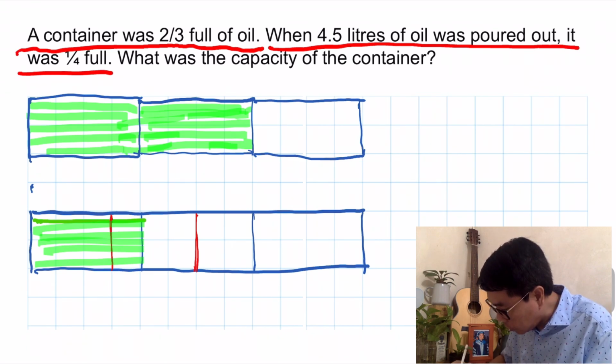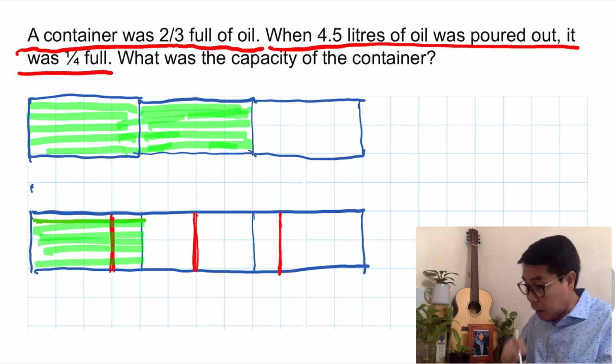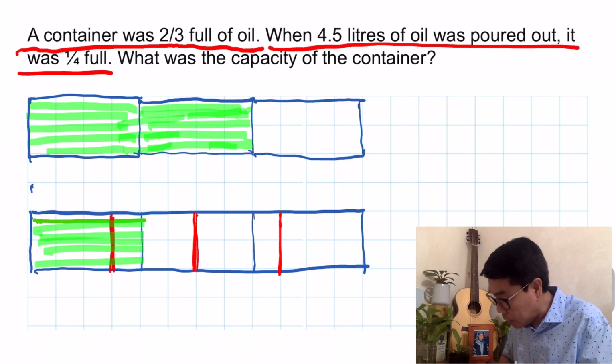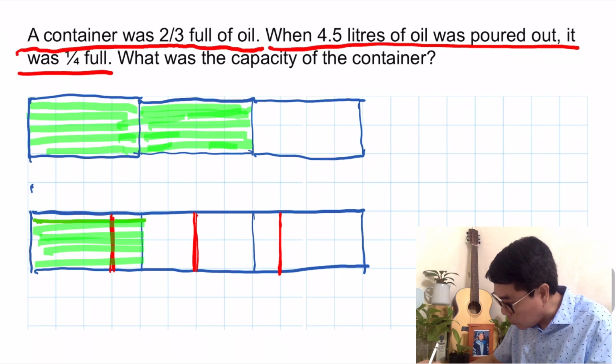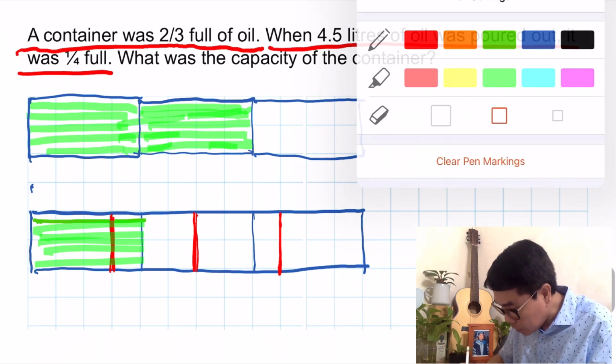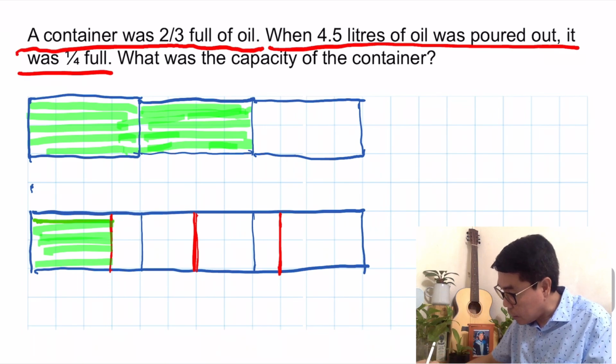And then this one also, 1, 2, 3, 1, 2, 3. So now I have 3/4 here. And this is now a quarter full, so that means this one is not there. That's a quarter.